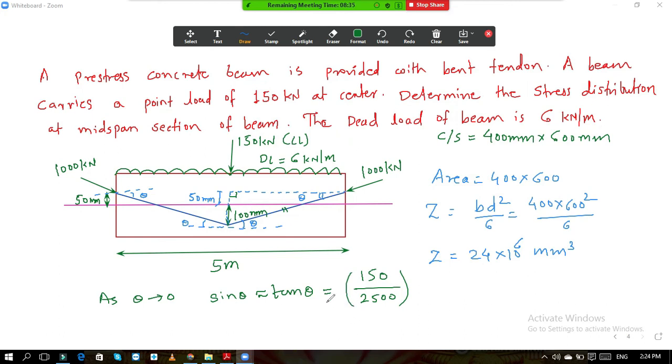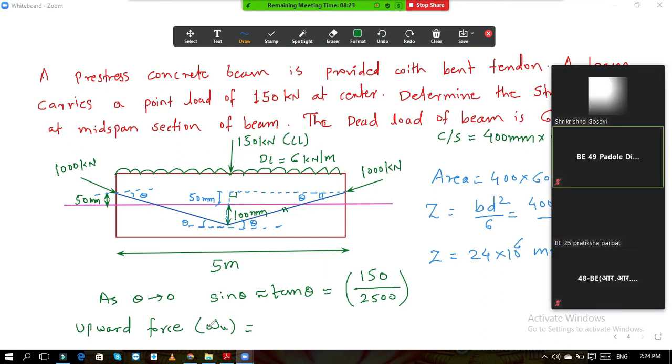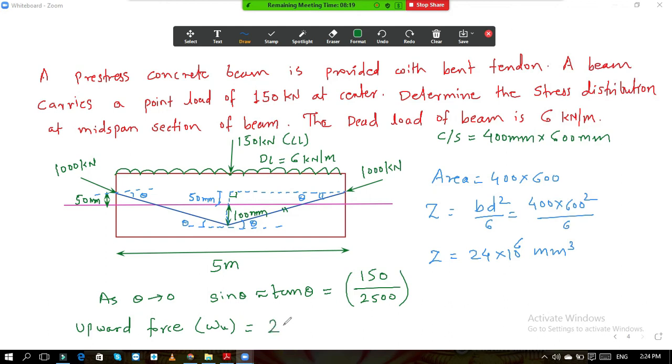Once you know the value of sin theta, calculate the upward force. The upward force W_U at midspan. This upward force is always at the midspan. Remember this. So it is 2P sin theta, which is equal to 2 into the value of P, 1000, into 150 by 2500.